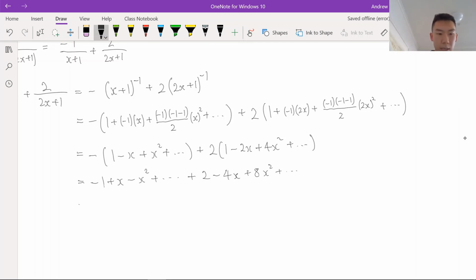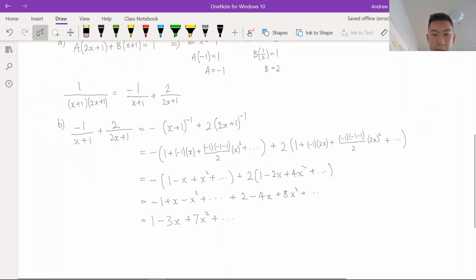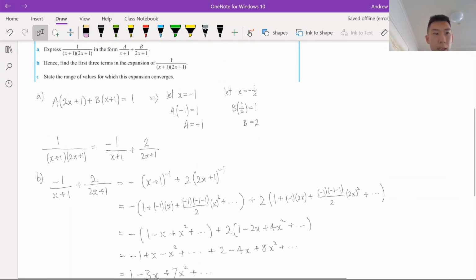Okay, and then we just collect all these like terms. These are all the terms we want because we want the first three terms, so that includes the constant term, the x term, and the x squared term. So 1 take 3x plus 7x squared, and then just write plus dot dot dot because we don't need the rest, and there we have it, that's B.